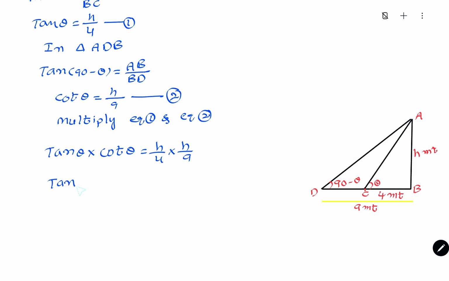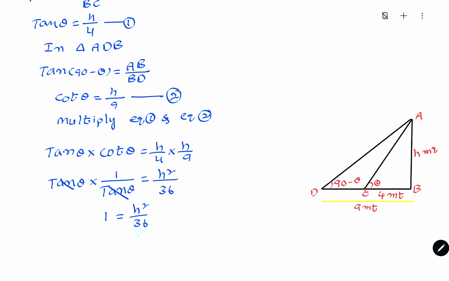Here we can write cot theta as 1 by tan theta, so tan theta cancels. On the RHS, h into h is h square, and 9 into 4 is 36. So the remaining value is 1 equals h square by 36.